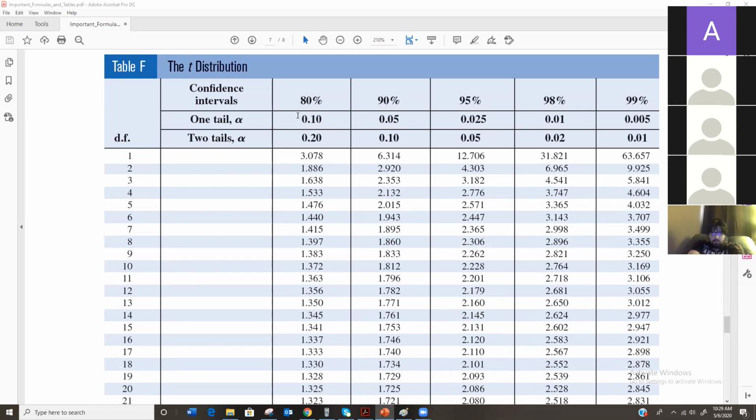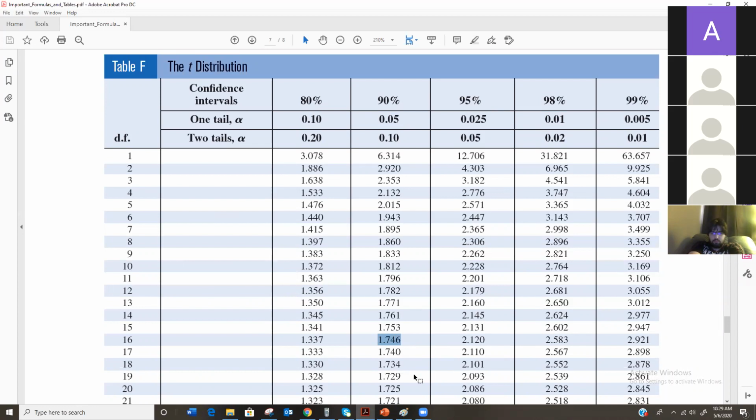Alpha 0.05 means I'm going to look at this column. You guys can see my cursor, right? When I move that cursor around, you guys can see it, right? Yes. Okay, good. All right, so we're going to go to 0.05, and then we're going to go to degrees of freedom 16. So that's this number right here, 1.746.